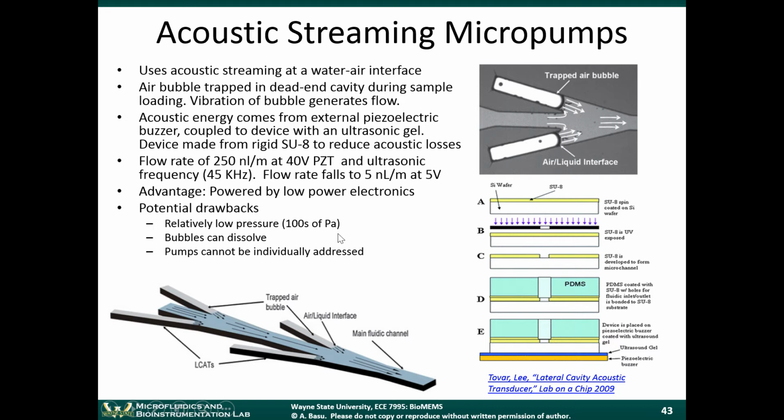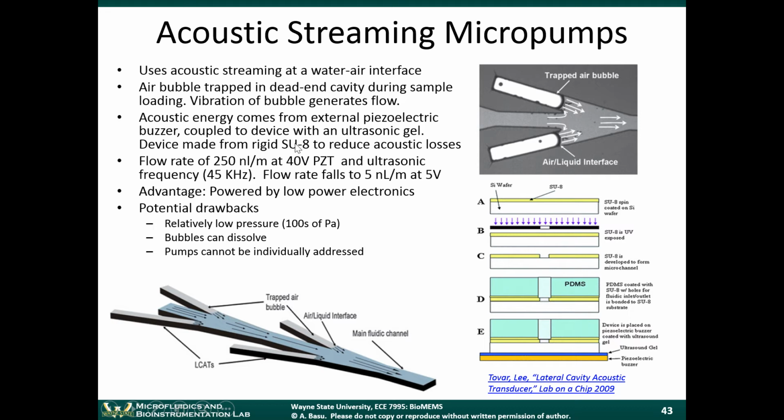So this pump, they call a lateral cavity acoustic transducer. It consists of the main channel going through the middle here, and then you have these lateral transducers on the side, and these lateral channels are filled with this air bubble. The acoustic energy comes from the external piezoelectric buzzer, as was the case with the mixer that we saw.